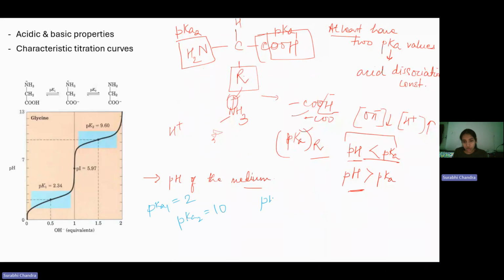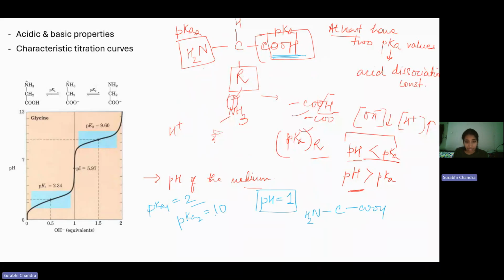Now, if the pH of the medium is, suppose, 1, pKa1 is 2. For this amino acid, the pH is 1, which is less than the pKa value, which means H plus ion is already abundant in the medium. So this will remain as COOH. Now, what about this NH2 group?